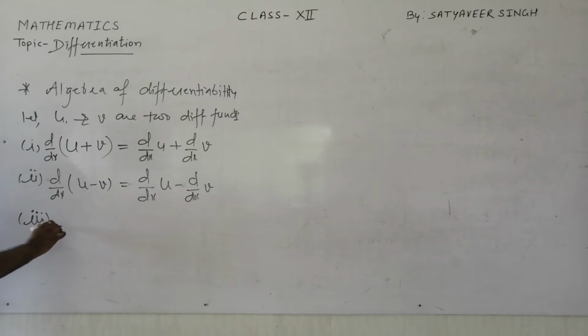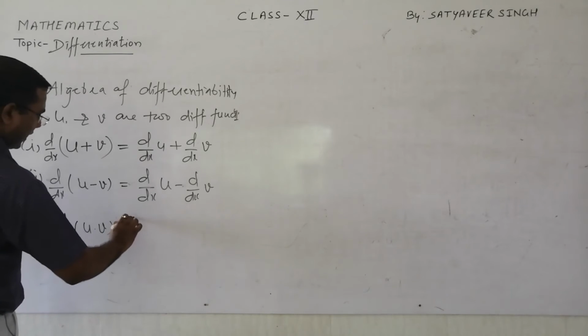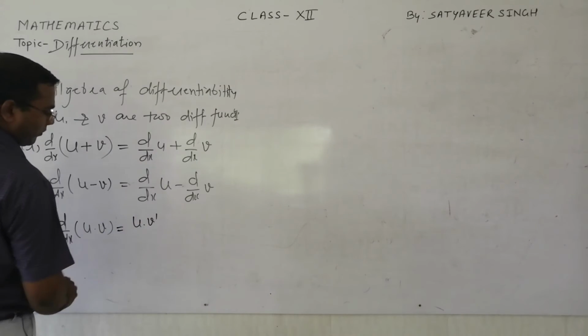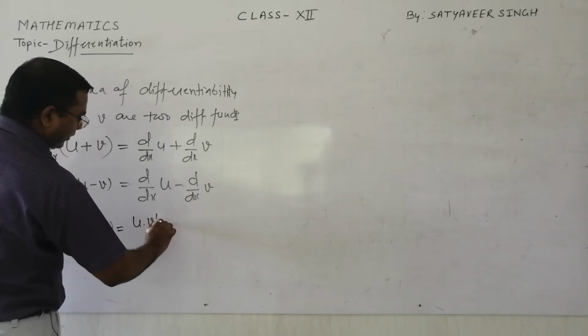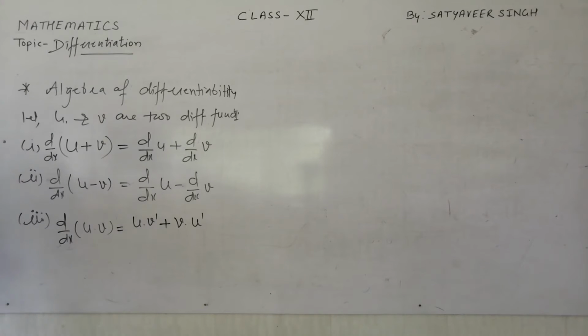A very important rule: d upon dx of the product of two differentiable functions. This rule tells you to write first function into differentiation of the second plus second function into differentiation of the first one.